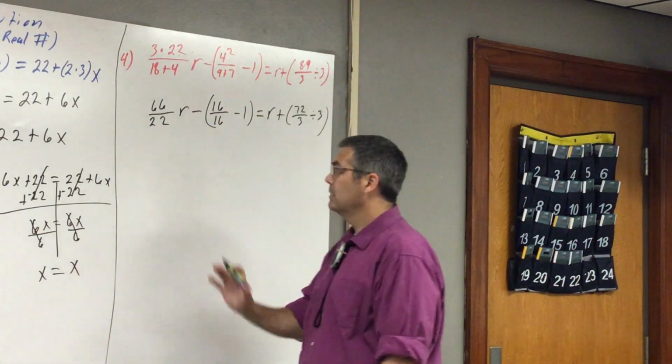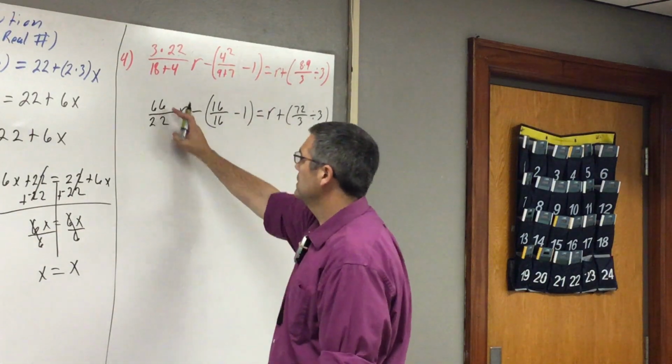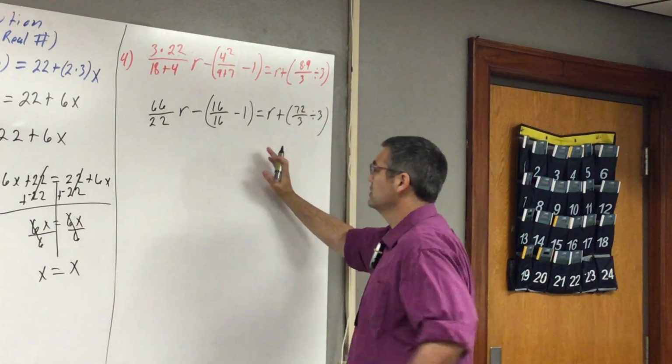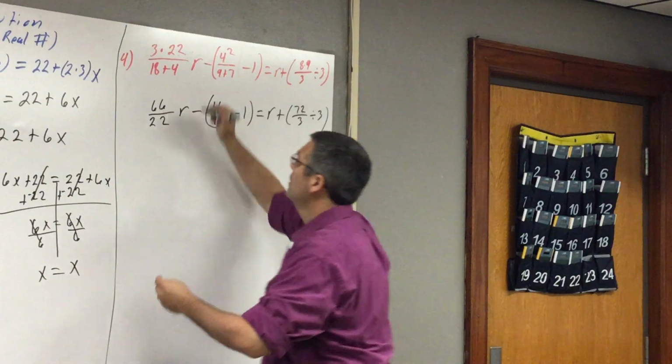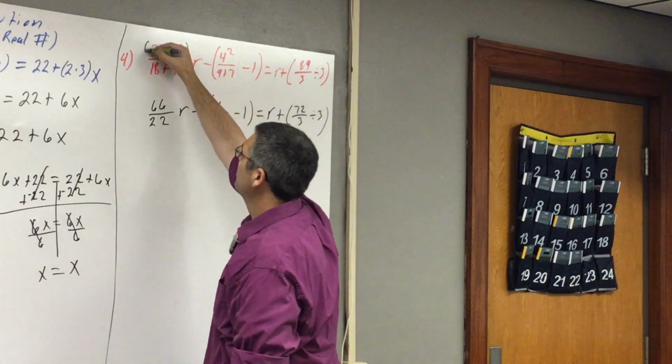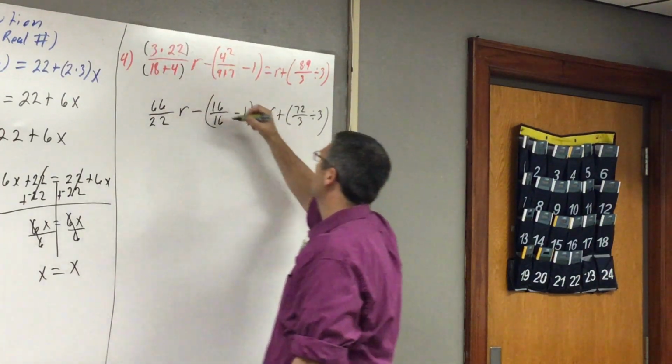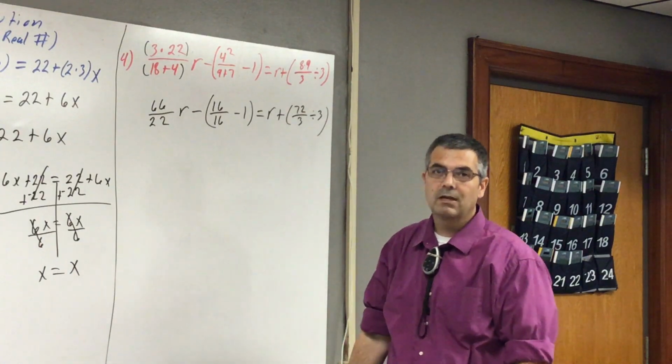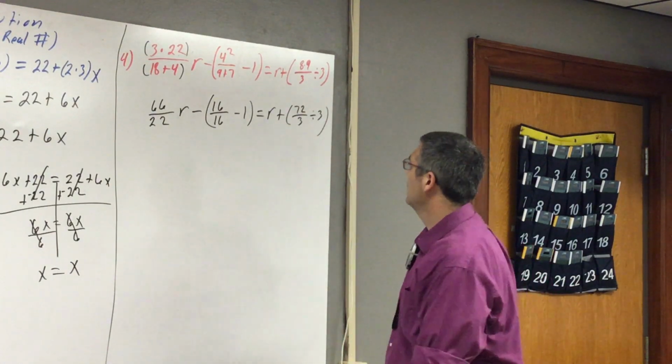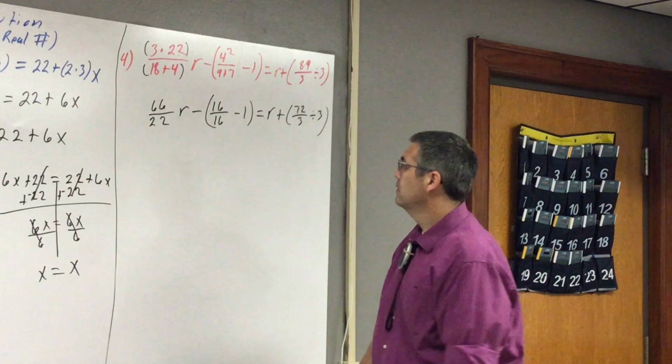So I'm going to do the same thing again. 66, and some of you are just going to focus here, but remember, this is the same thing as these being in parentheses right here. It's the same thing, they're grouped together, they really are. That's why I did that like that, okay?